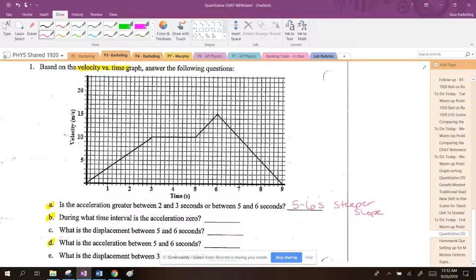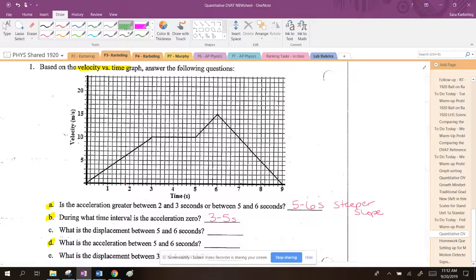Letter B says, during what time interval is the acceleration 0? 3 to 5 seconds. And why did you say 3 to 5 seconds? Because the velocity is 0, which means the acceleration is... I think, no, wait, I'm wrong. You're not totally wrong. I think you just missed one word.